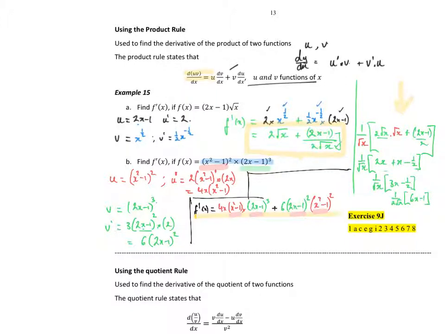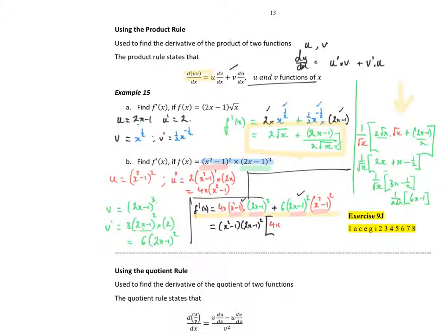So let's get rid of that. Equal to. So let's take out x squared minus 1, which is there. And I've got a 2x minus 1 squared common to both, which is there. So if I go to the first term, what have I got left? I've got x squared minus 1, so I've got a 4x in red still.